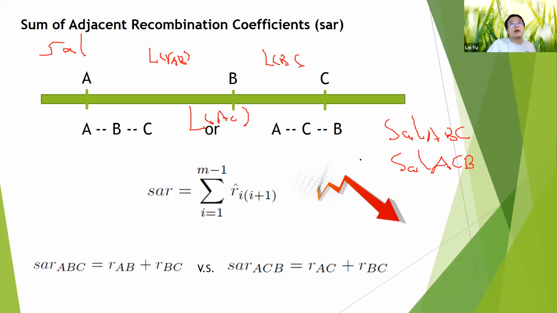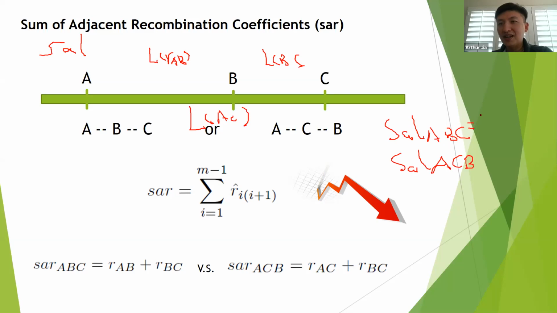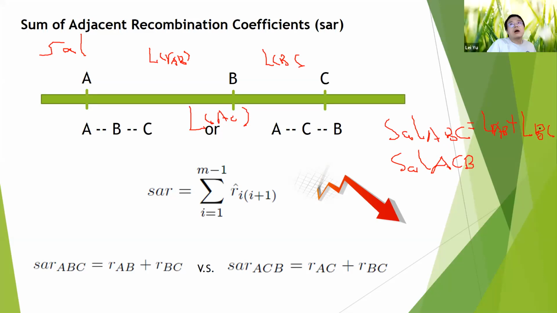So based on the definition, let's see what this is. This is the likelihood of RAB plus the likelihood of RBC.